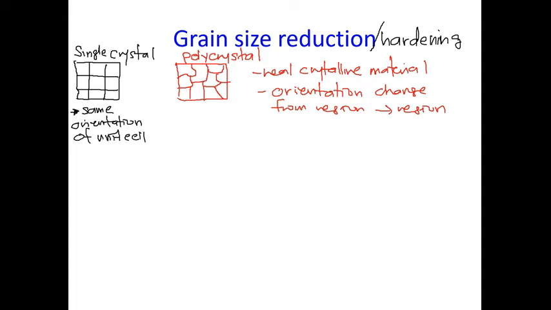Okay, so as you can see, in the polycrystal structure, this is one region, or one unit cell, and this is another one, and this one is another one. So this change of orientation, from 1 to 2 for example here, is because of these boundaries.